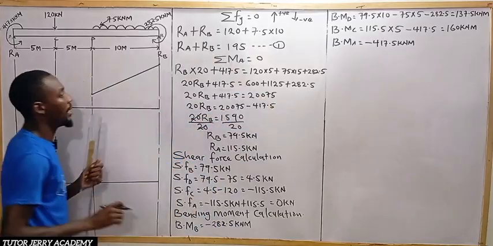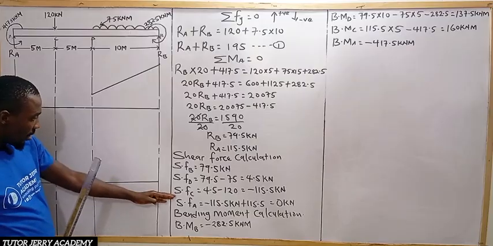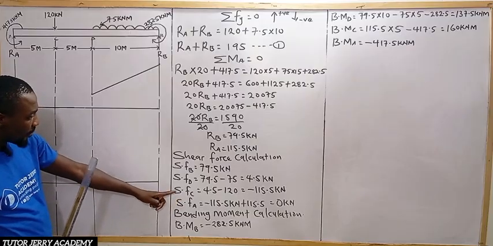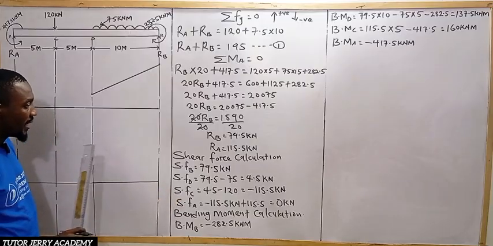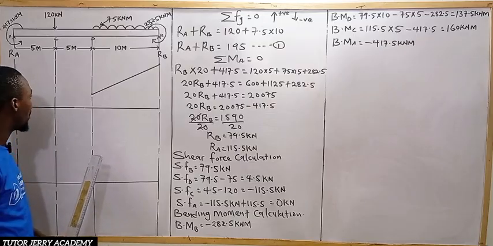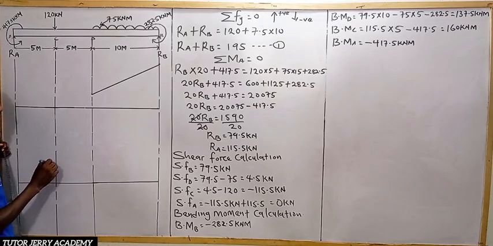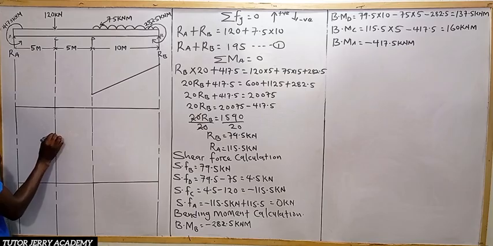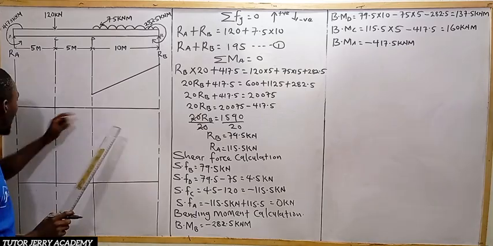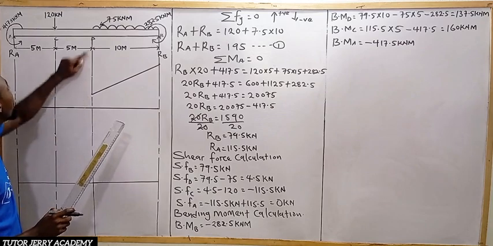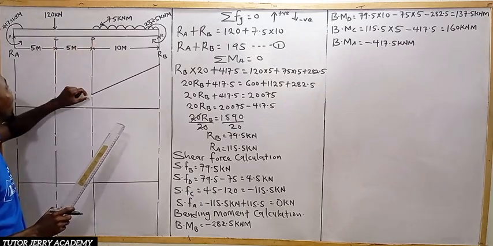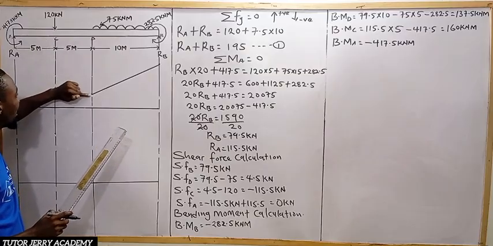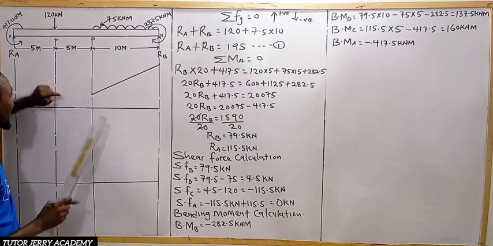Now at point C, we have minus 111.5. So let's take this point to be our 111.5. But again, between point D and C we don't have any force, so it means that we are going to have a constant line here.